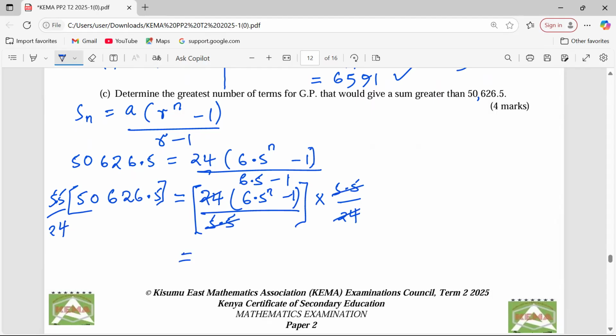So I'll be having 6.5 power n minus 1. Then on this other side now, I'll be having 50,626.5 multiplied by 5.5 over 24. Then this is giving me 11,601.90625.